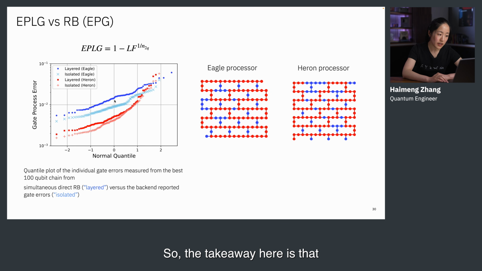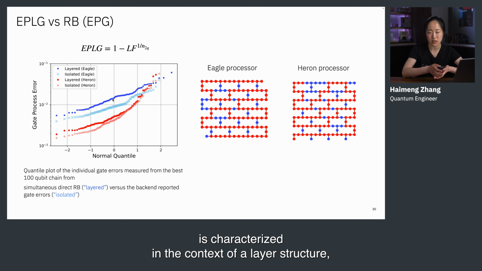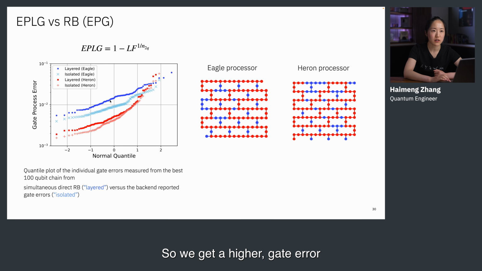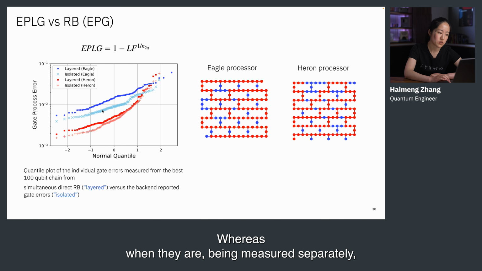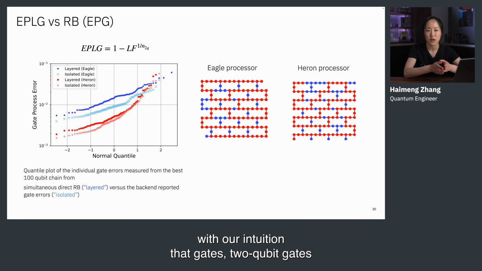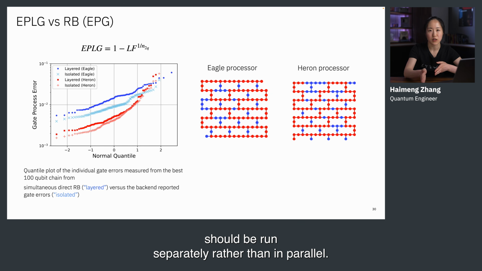The takeaway here is that when the error per layer gate is characterized in the context of a layer structure, the gate error tends to be worse. So we get a higher gate error in those layered contexts, whereas when they are measured separately, they have a lower error rate, which agrees with our intuition that 2-qubit gates should be run separately rather than in parallel.